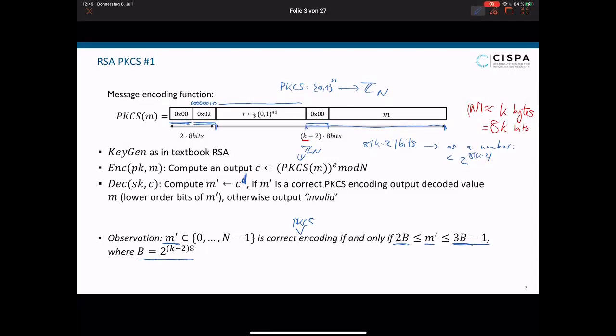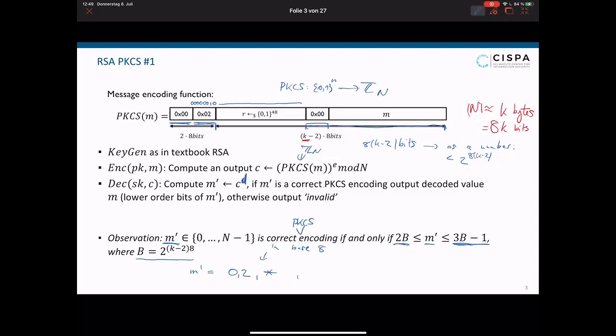If you look at any PKCS encoding, it's an 8k-bit string, and your M prime starts with a leading 0, then a 2, and then essentially something in base 8, and this something is of a fixed length.